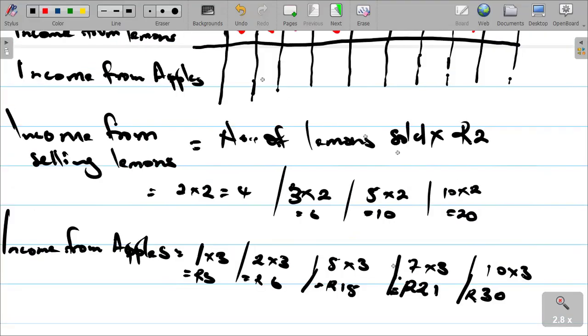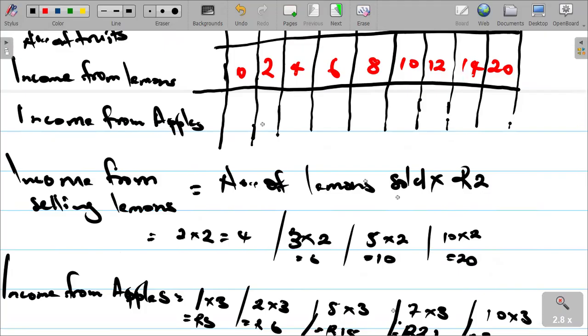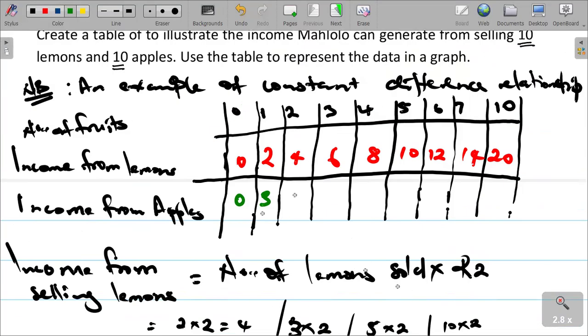So for income from selling apples, if the farmer has sold 0 apples, we have 0. If he sells 1, it is 3 rand. We are multiplying by 3 here, please take note of that.